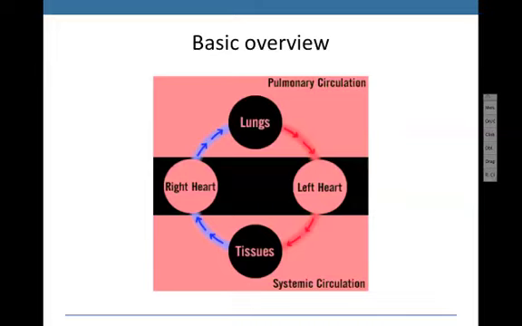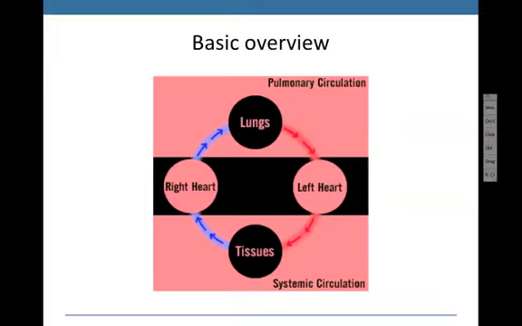And if you look from the lungs to the left side of the heart, the blood is now reddish in color. That's because the blood got cleansed in the lungs. It dropped off the carbon dioxide, picked up the oxygen that you're breathing in, and now it needs to be delivered to all the cells in the body.